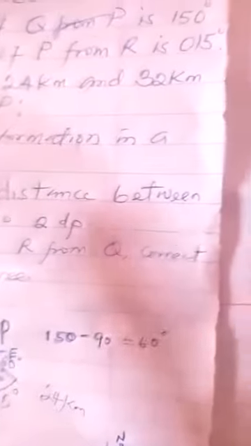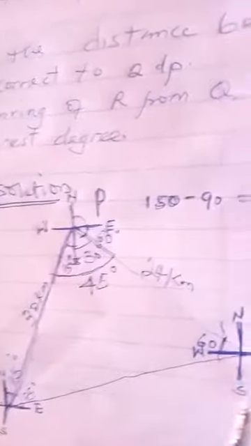Now question 2, calculate the distance between Q and R. This is our Q and this is our R. Now, this is the smaller triangle we are talking about.